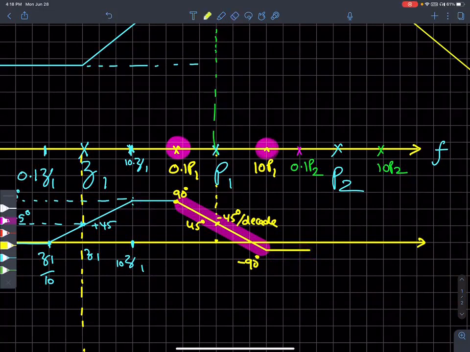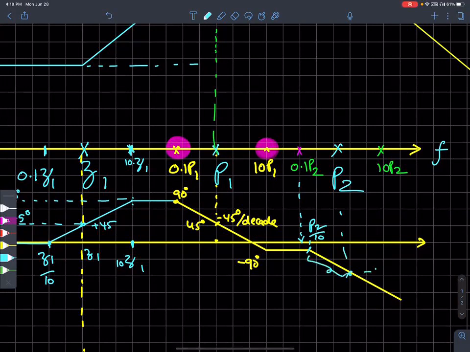Then P2 takes over. At 1/10 of P2, that guy takes over and brings about another 90 degrees of phase shift. This is beginning at P2 over 10. And when you measure exactly at P2, you will have dropped 45 degrees from this value.